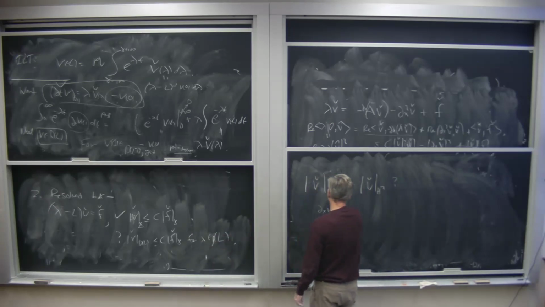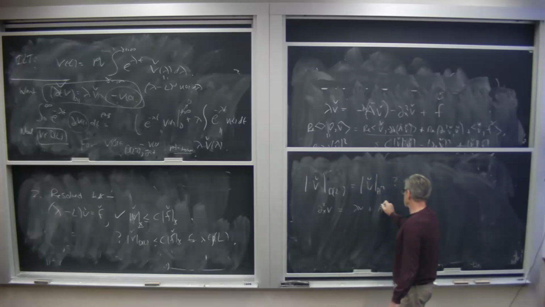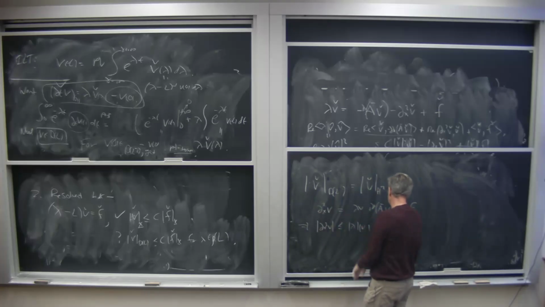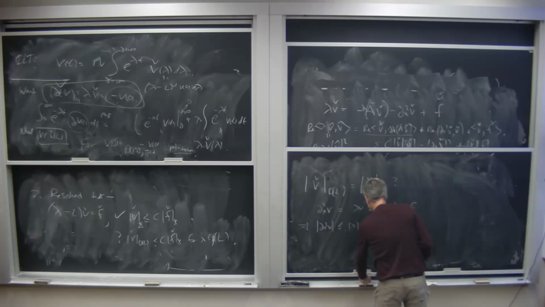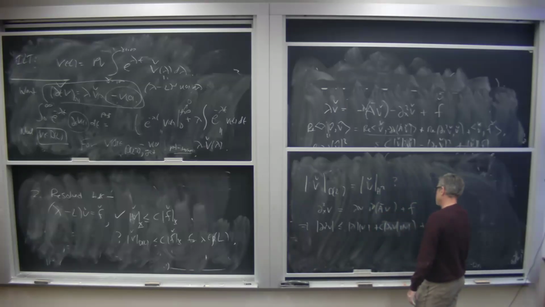I have dx squared v is equal to lambda v plus A bar v with the dx, plus F. So I immediately have the norm of dx squared v is less than or equal to the norm of lambda times v, plus a constant times v, plus a constant times the H1 norm, a constant times dx v, plus v, and plus F.